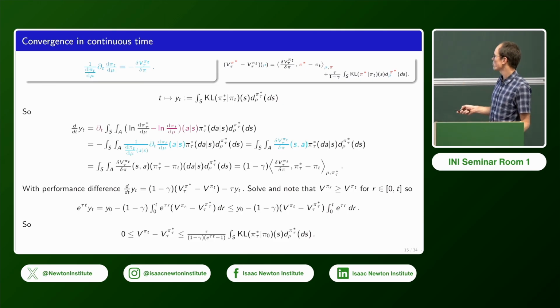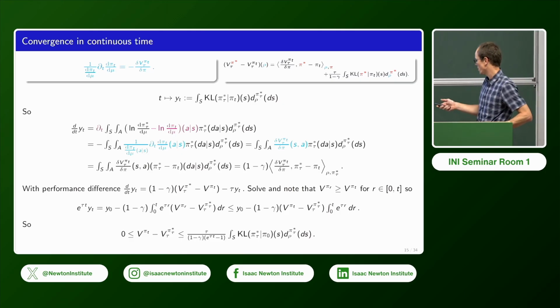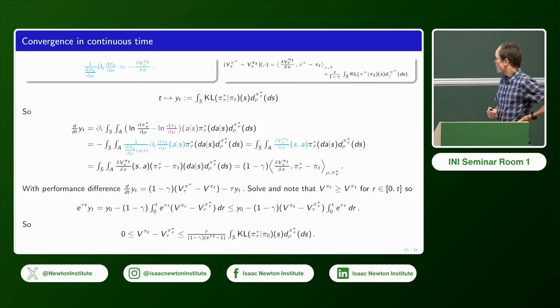To make use of this estimate, I just take my initial distribution pi 0 to also have full support, and then I expect this KL term to be finite. And you might be thinking, what would happen if I got rid of the entropy regularization?